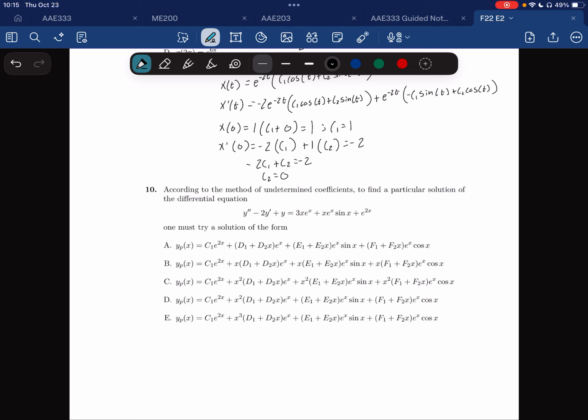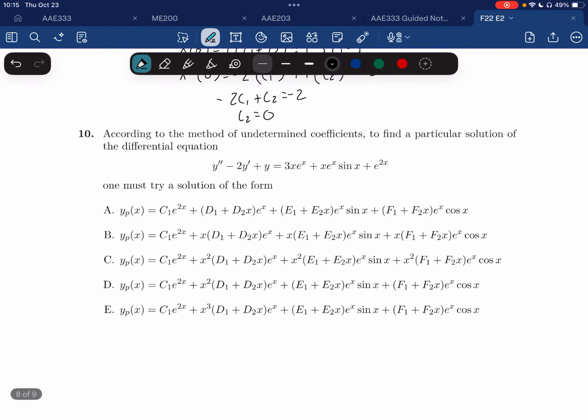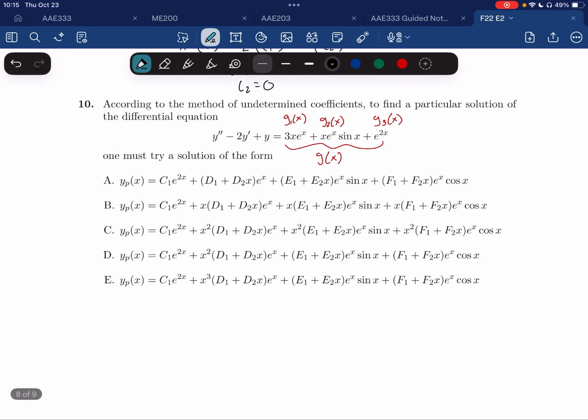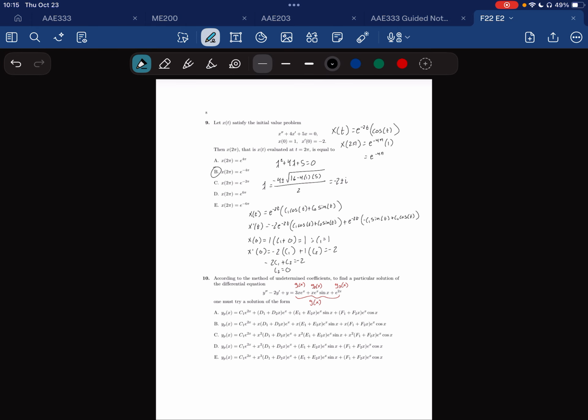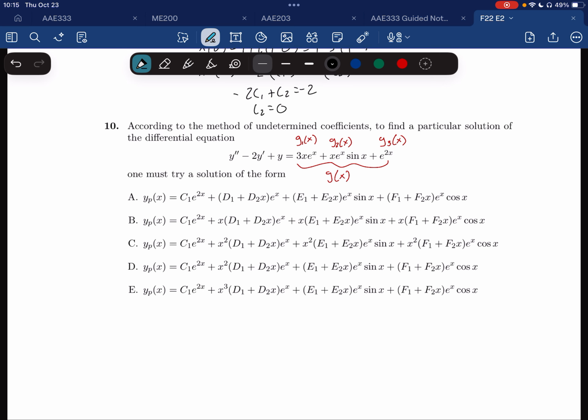I will call this, just for reference, g of x, and this will be g1 of x, this will be g2 of x, and this will be g3 of x, just to keep everything straight. They really don't give you enough space for this problem, which is unlucky. But let's just go with what we have.